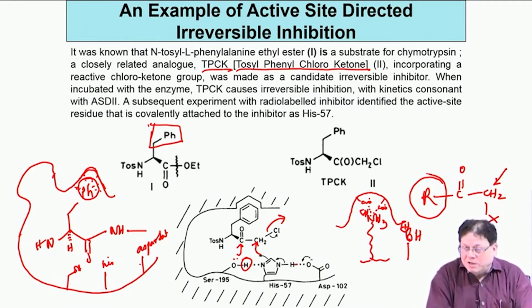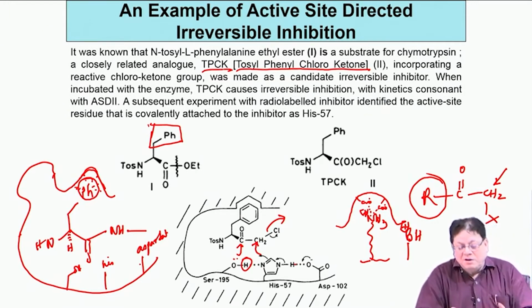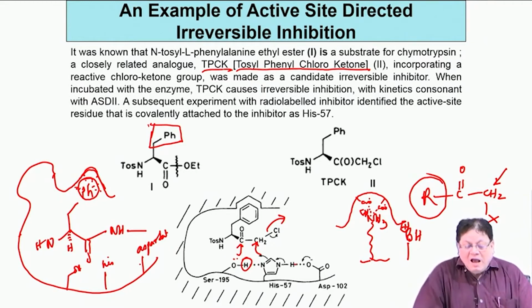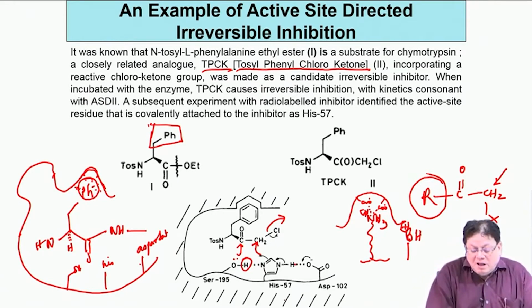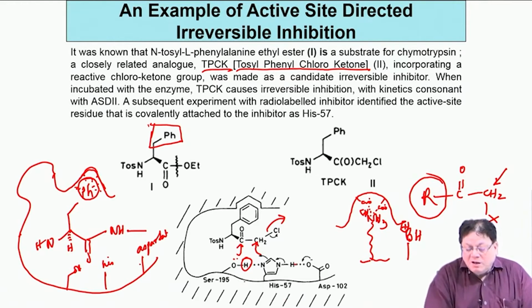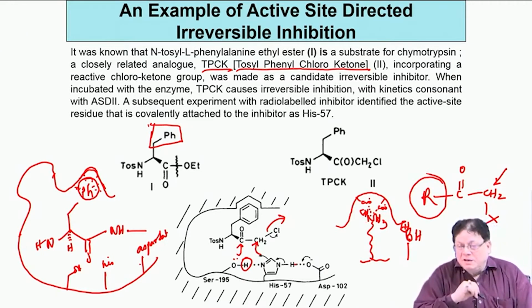This is very textbook chemistry. This chemistry has now appeared in many textbooks, and now, because you have this knowledge, if I ask how to make an irreversible, active site directed inhibitor of trypsin, what do you do?